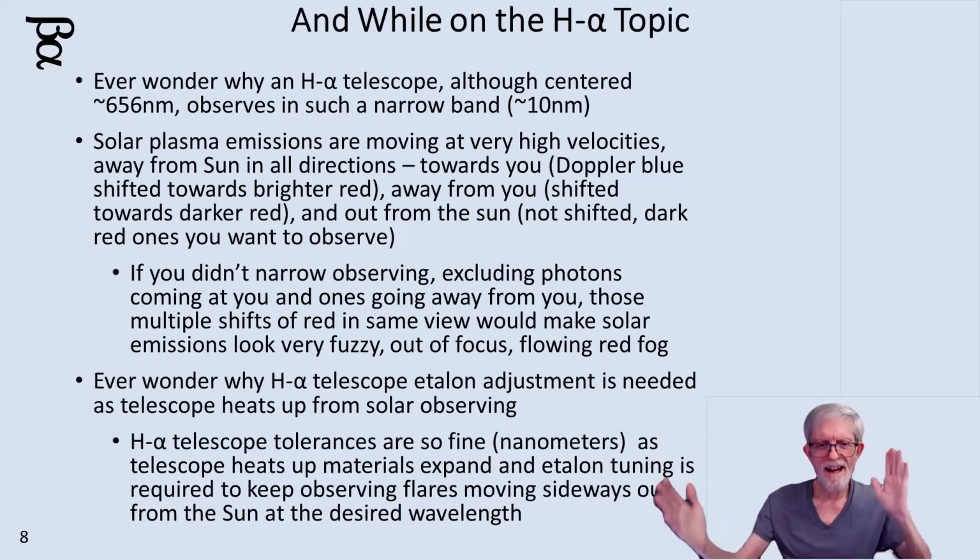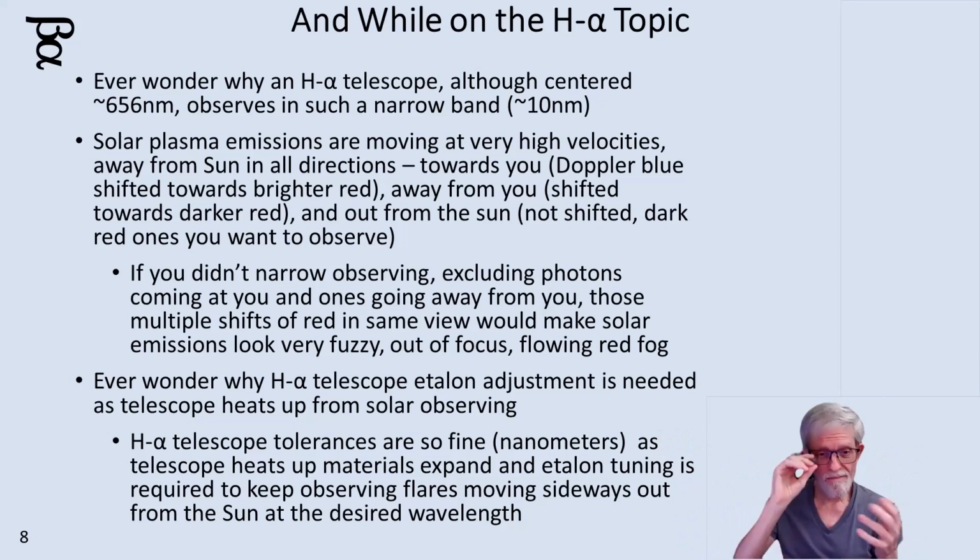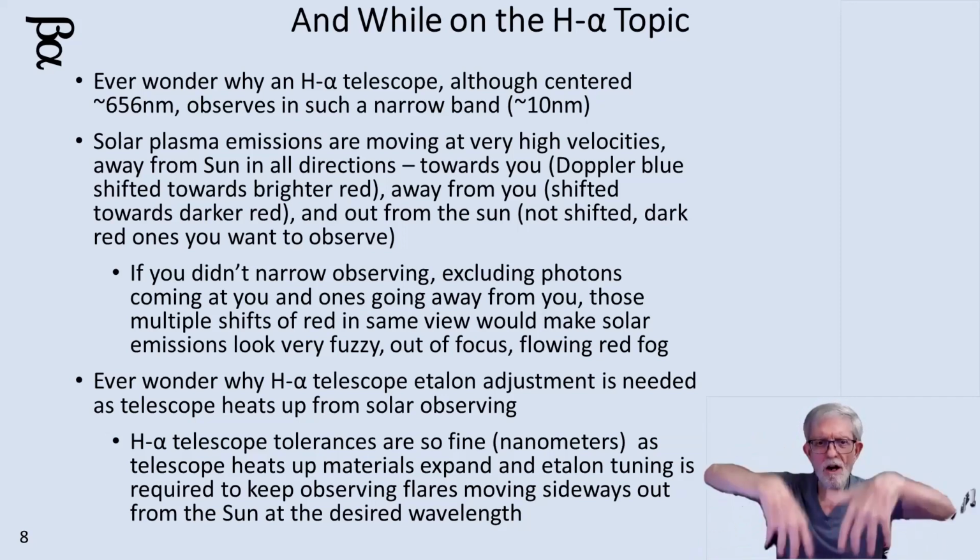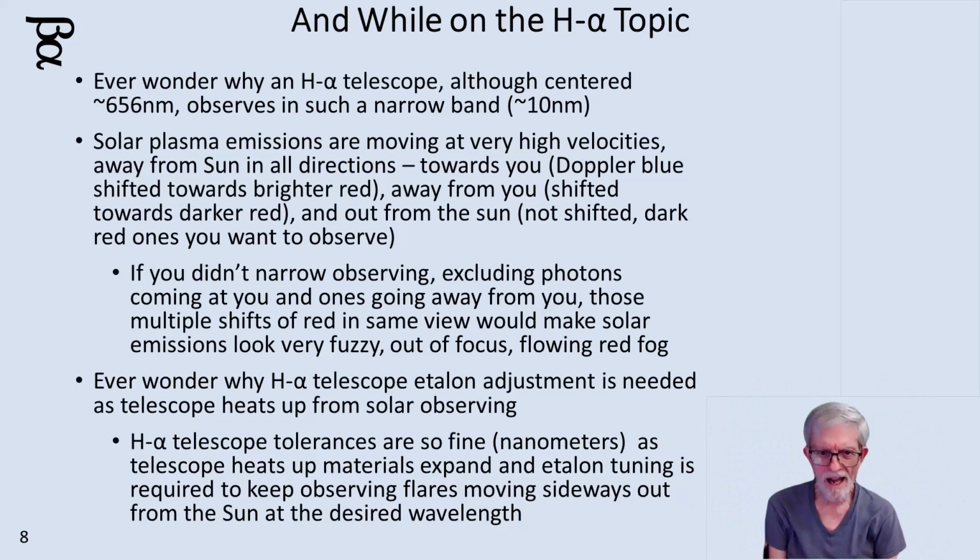Because if you didn't narrow it and filter it all out, your hydrogen alpha telescope would just be looking at a fog, because you'd be seeing all the red coming at you in different shades, all the red going away from you in different shades, and then all the red that you really wanted to see coming out. It would just look like a red fog.